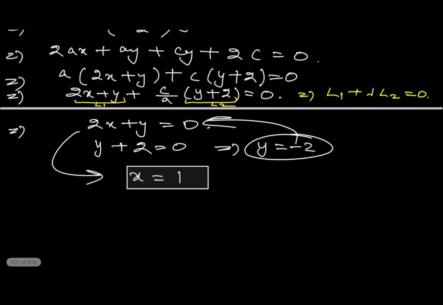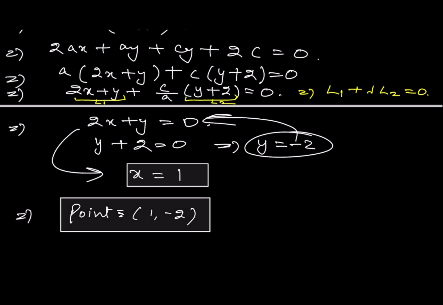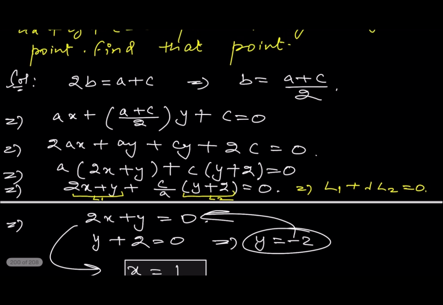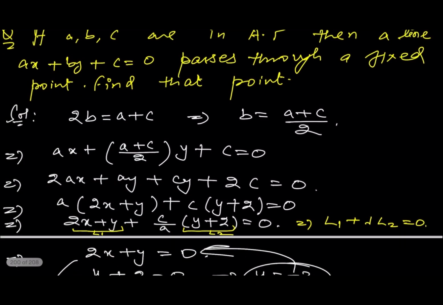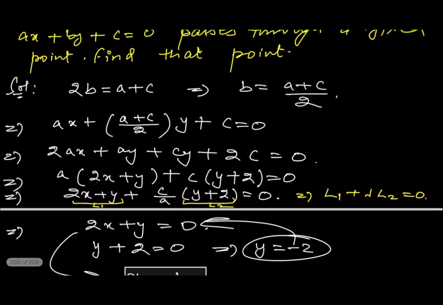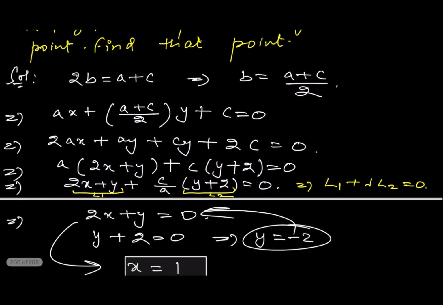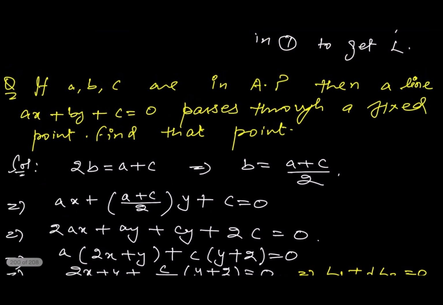So the point becomes (1, -2). So a general line having coefficients in AP is always passing through a fixed point, and that fixed point in this case is (1, -2), right?